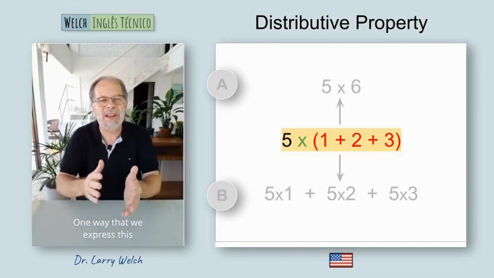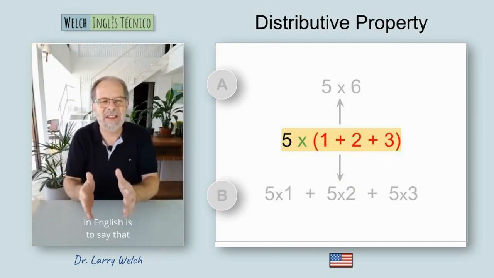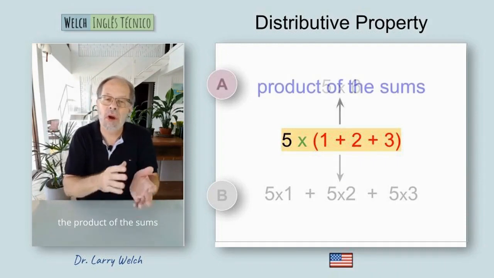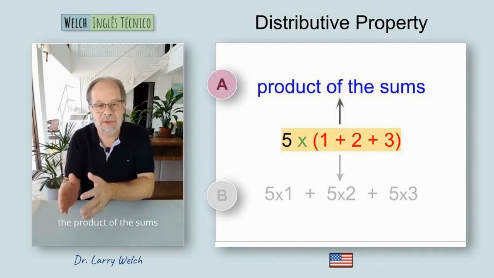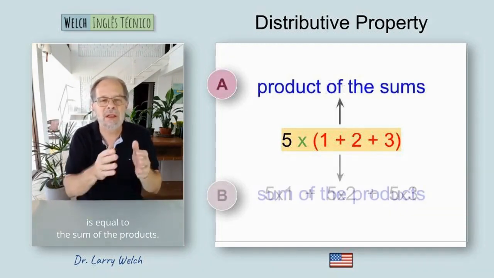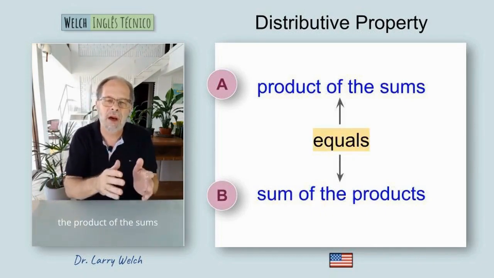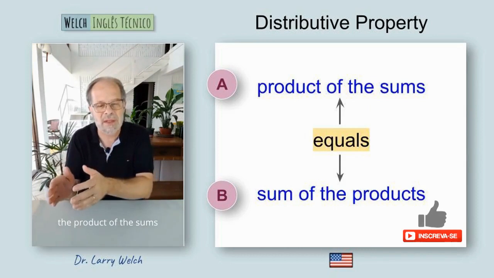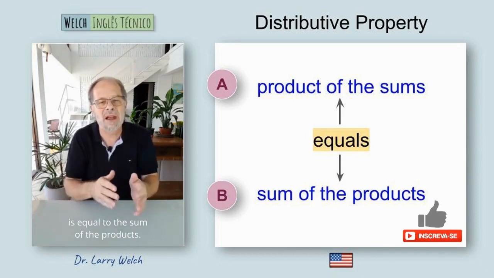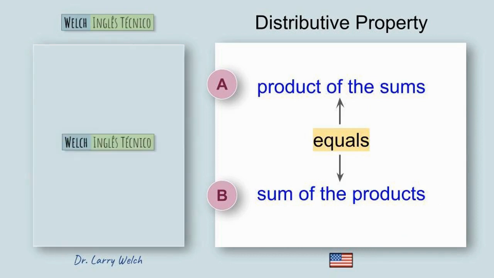Distribute the 5 to each of the pieces, multiply them, then add them together. One way that we express this in English is to say that the product of the sums is equal to the sum of the products. Once again, the product of the sums is equal to the sum of the products.